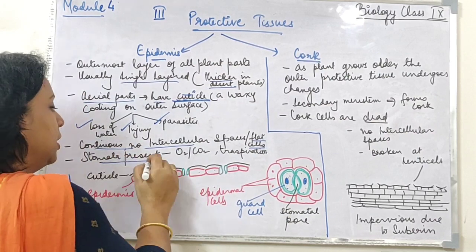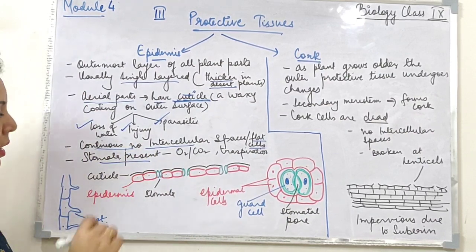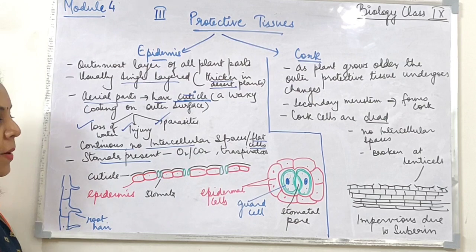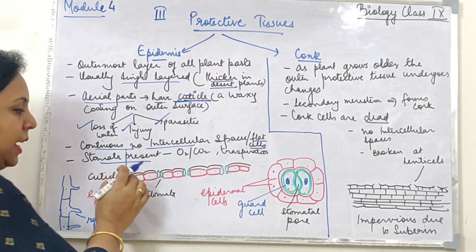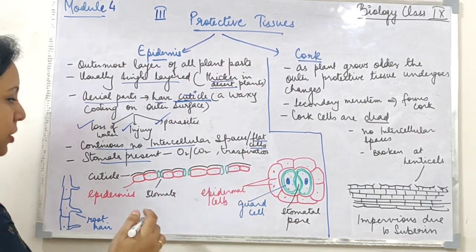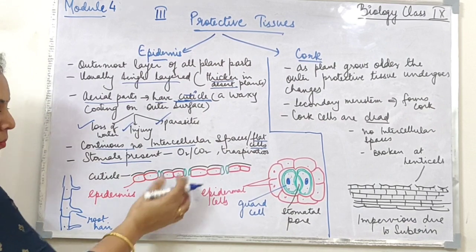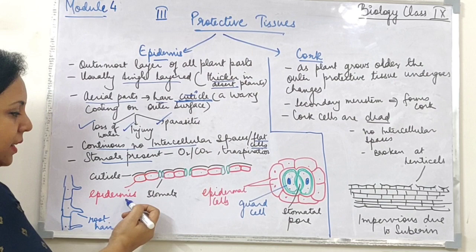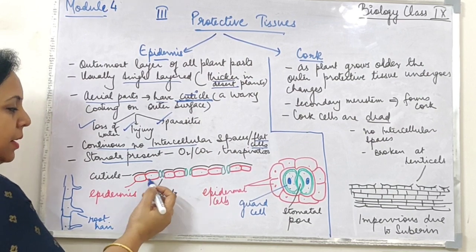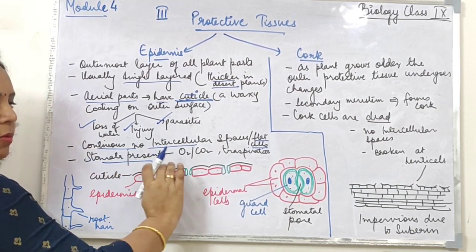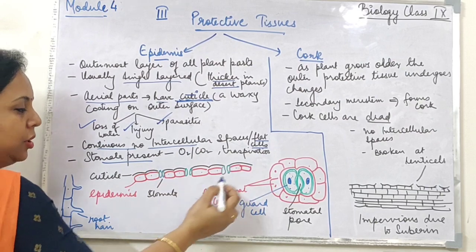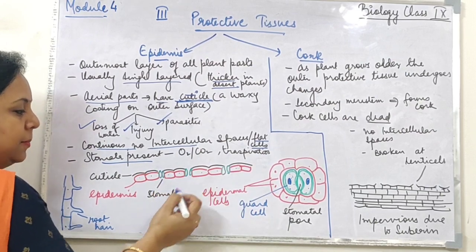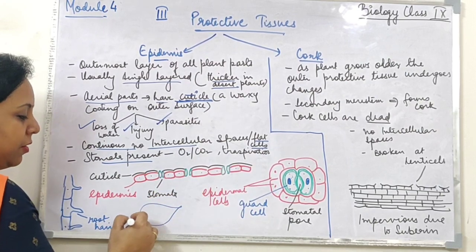Now comes the important part. Stomata. Stomata is present at certain intervals. Now children, this is the diagram of epidermis. If you can see these barrel shaped cells of red color, these are showing epidermis. You can see cuticle as one coating on the top, and over here, suppose this is the leaf.